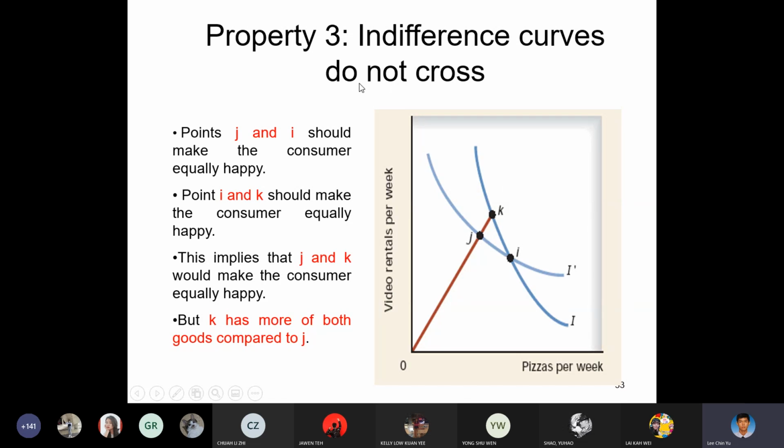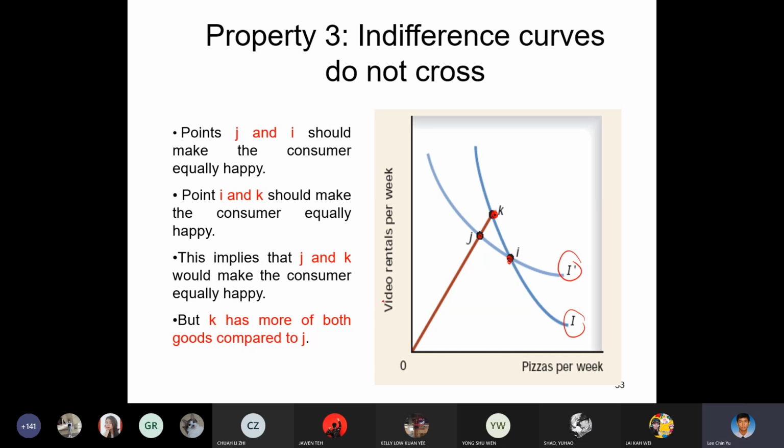But if they cross, what will happen? Points J and I should make the consumer equally happy, because they are along the same indifference curve. At the same time, points I and K should make the consumer equally happy, because they intersect. If so, we can conclude this implies that J and K will make the consumer equally happy.